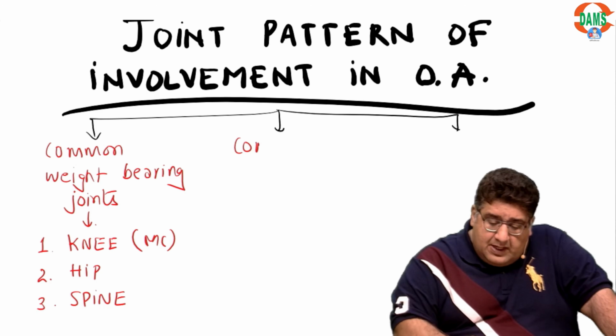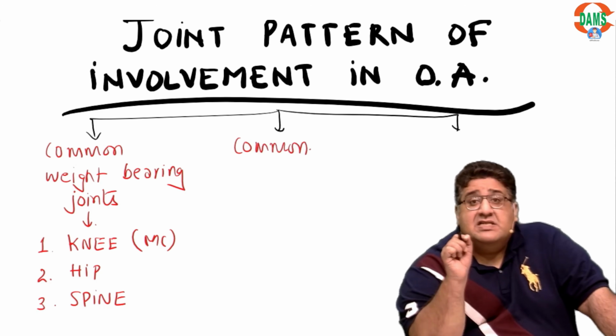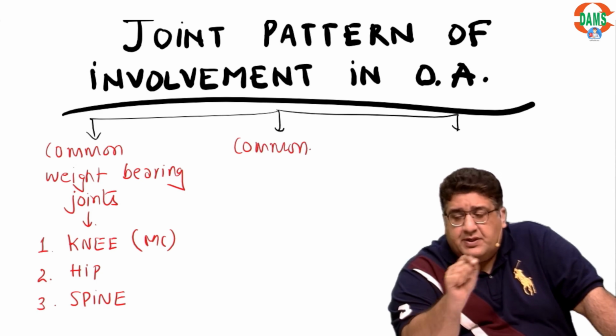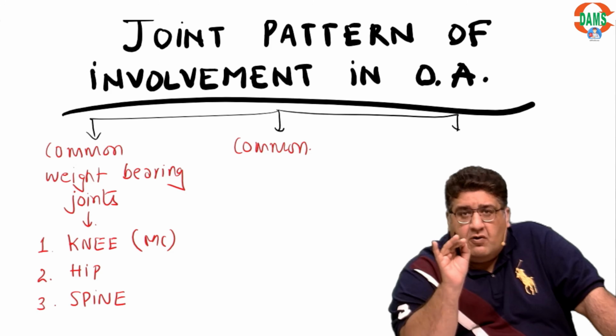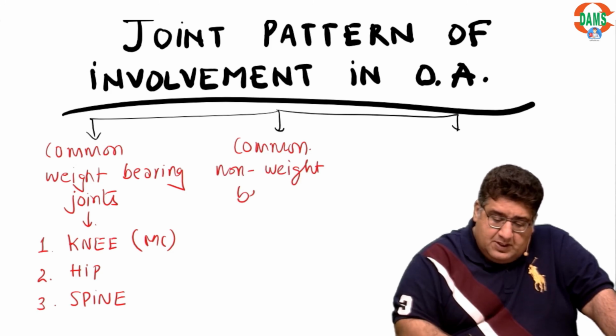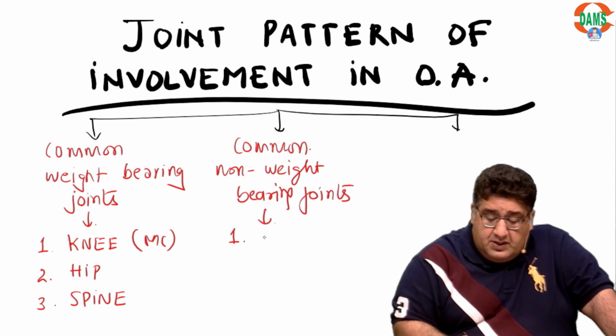Now, please understand, that does not mean that osteoarthritis is an exclusive disease of weight bearing joints. No, it can also involve non weight bearing joints. So what are the common non weight bearing joints? Number one, the proximal interphalangeal joint.